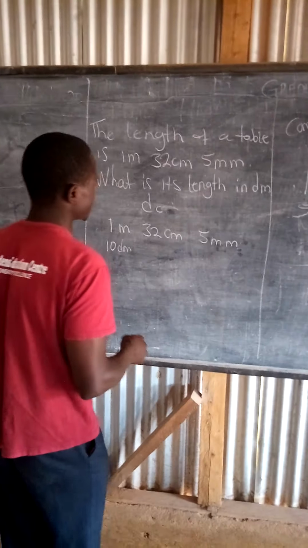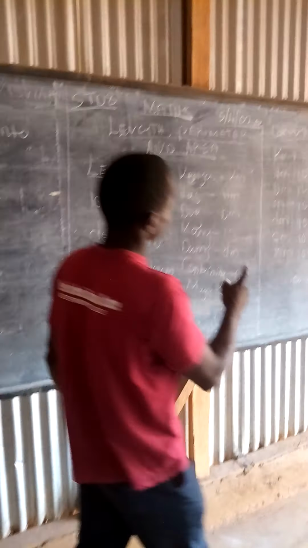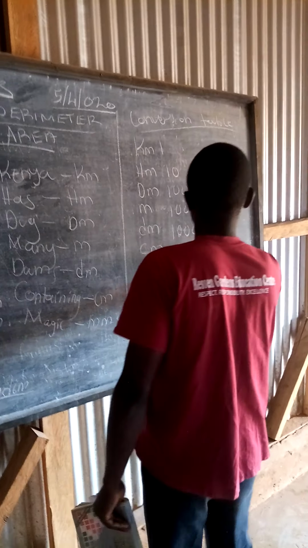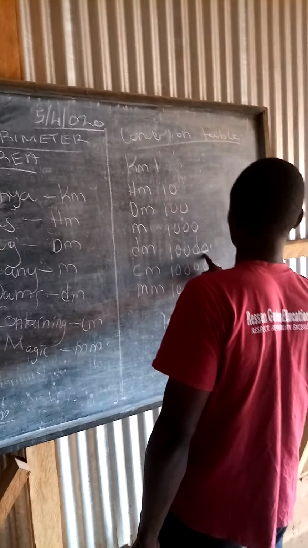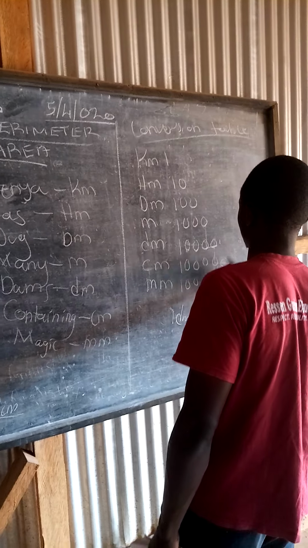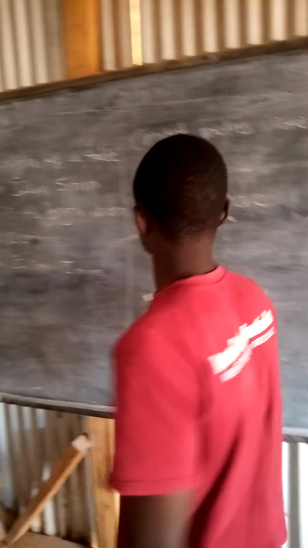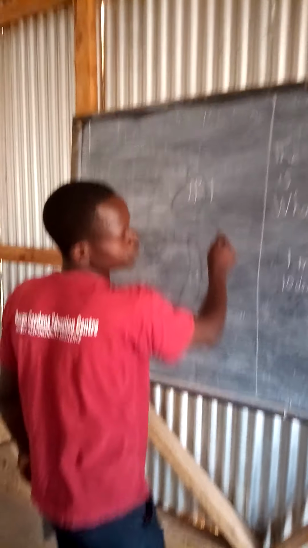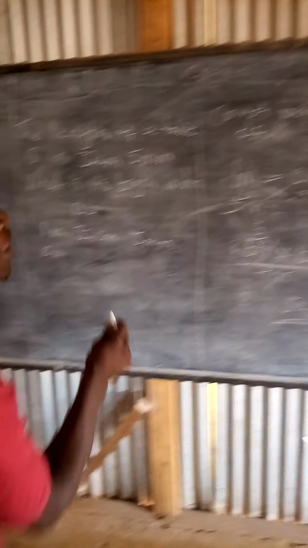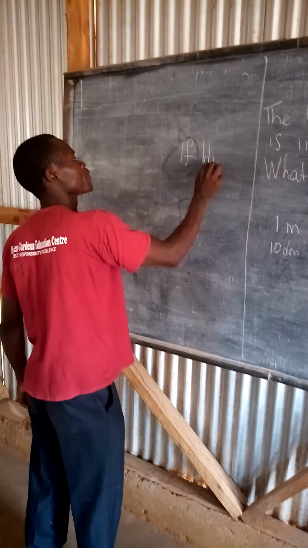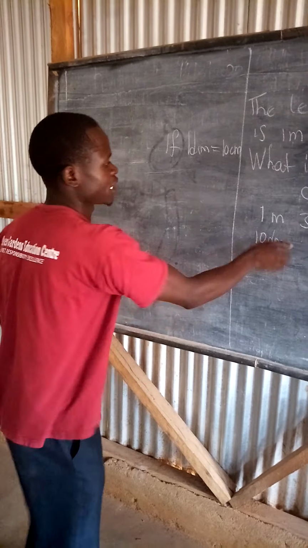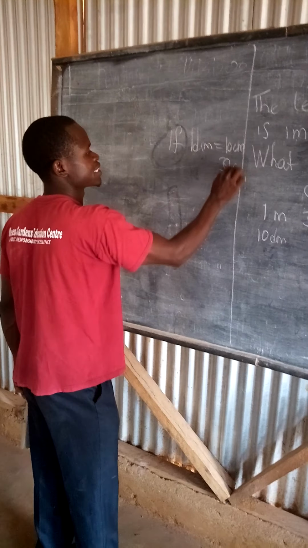Then under centimeters, if 1 decimeter is equivalent to 10 centimeters, what about 32 centimeters?